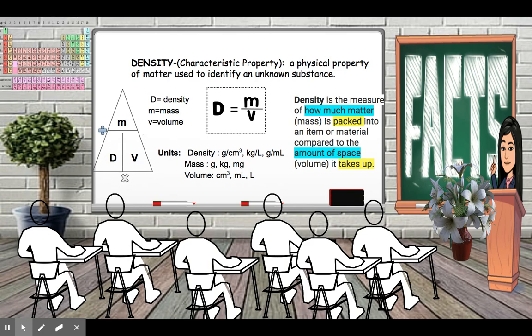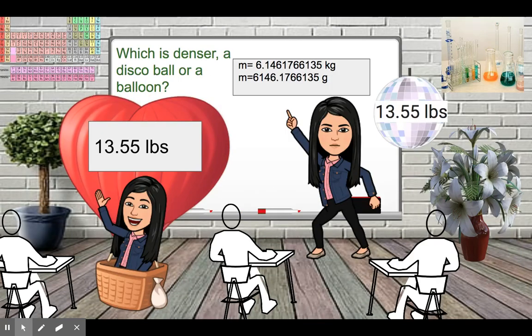You simply multiply density by volume. If we're solving for volume and you're given mass and density, using this equation triangle, you simply divide mass by the given density. Then you get the volume of an object.